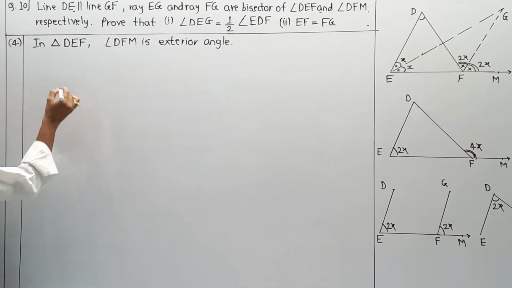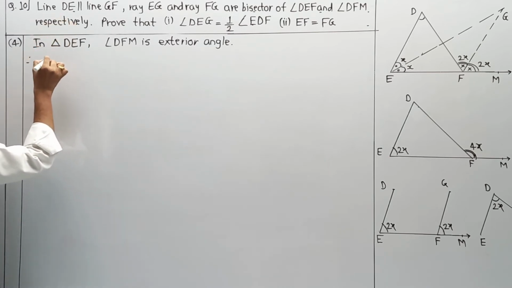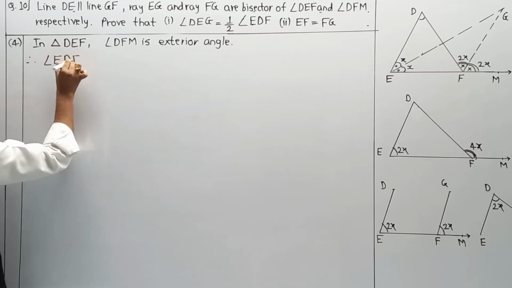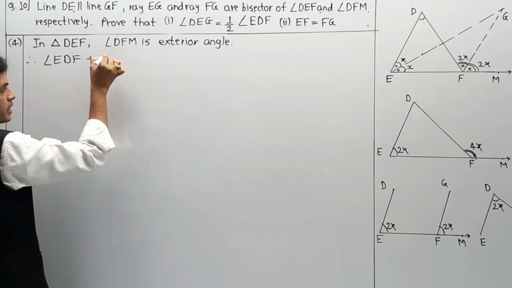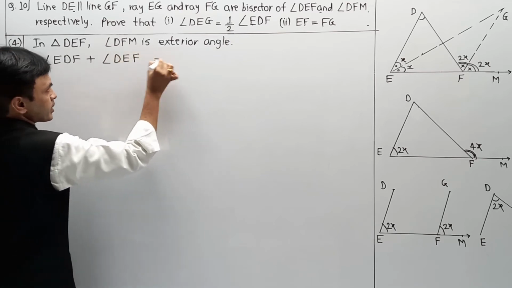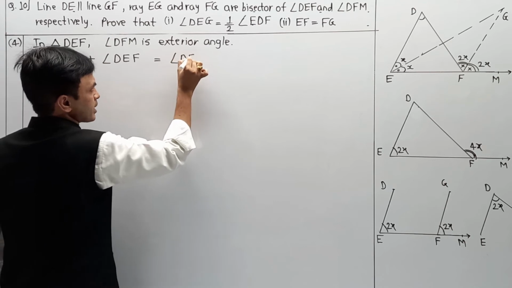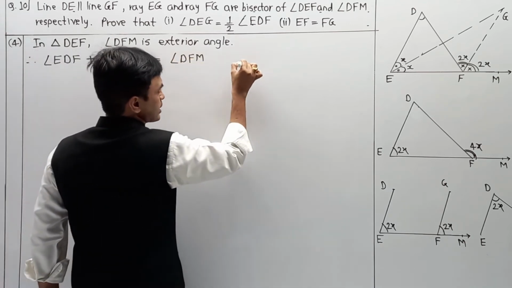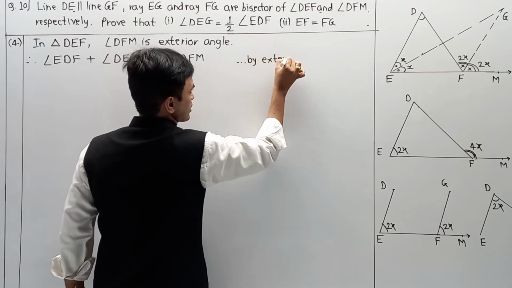Therefore, angle EDF plus angle DEF is equal to the exterior angle, that is DFM. Reason: by exterior angle property.